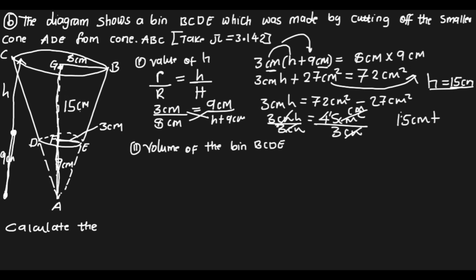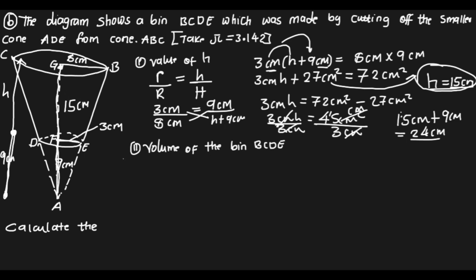So 15 centimeters plus 9 centimeters, now we have the actual distance for the larger cone. So this will give us 24 centimeters. But the final answer, the value of h, is this one. That is the value of h.